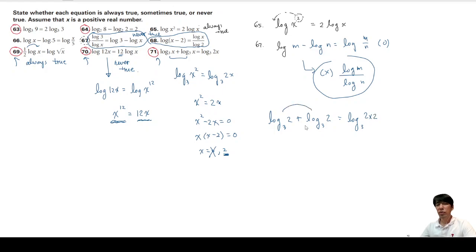If you combine these two logs together, that becomes log base 3 of 2 times 2, which is equal to log base 3 of 2 times 2. So they are the same. So when x is equal to 2, this expression holds, but if you plug in any other value into x, it's not going to hold. So this is sometimes true.